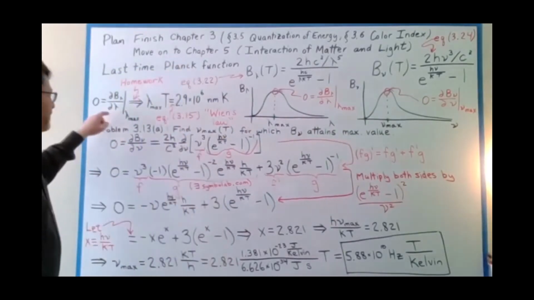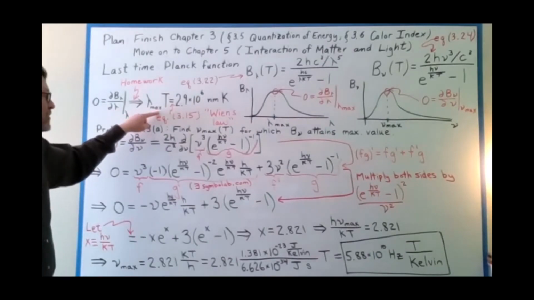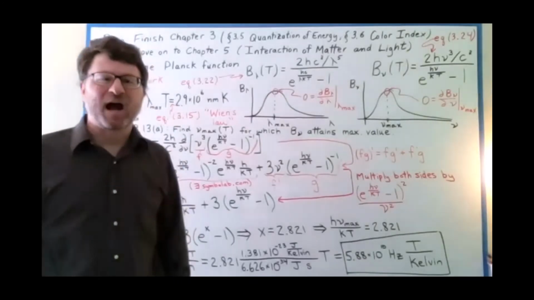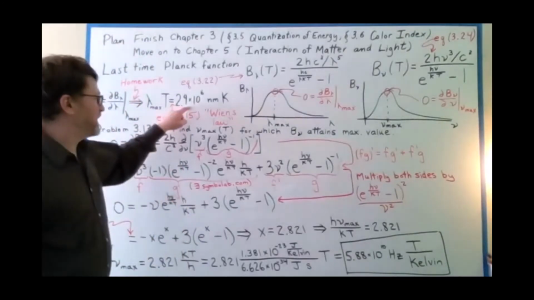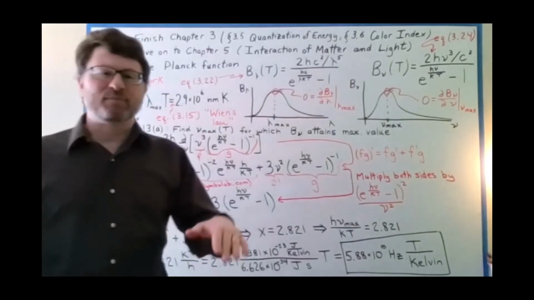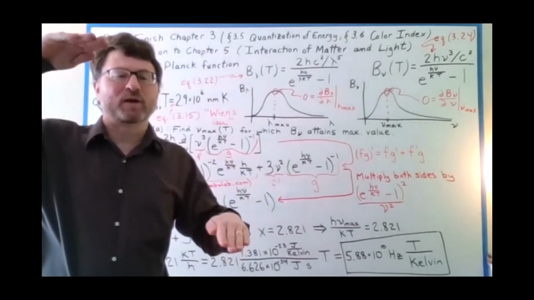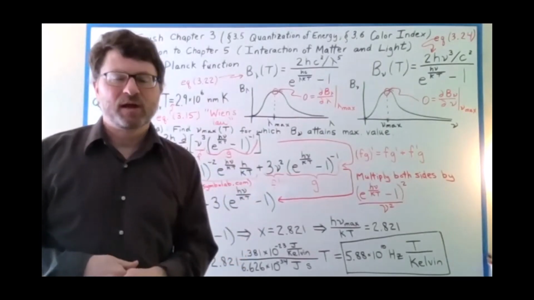We quantified that with Wien's law. This is equation 3.15 in your textbook: lambda max times temperature is a constant. It's 2.9 times 10 to the 6th nanometer Kelvin. And so as lambda max goes down, temperature goes up, or vice versa, in such a way that their product remains the same. Now, we didn't derive that.